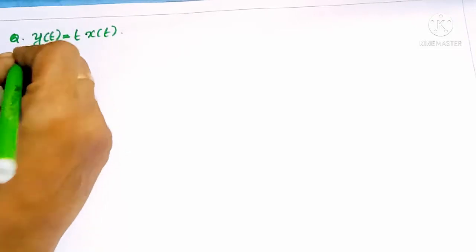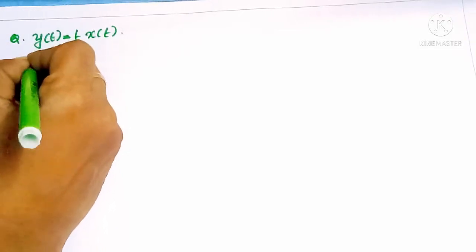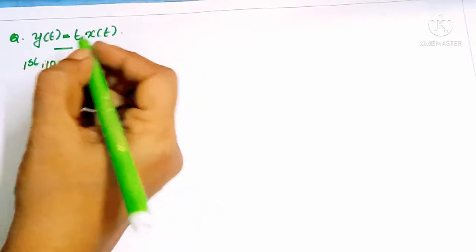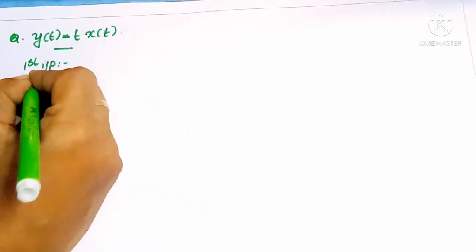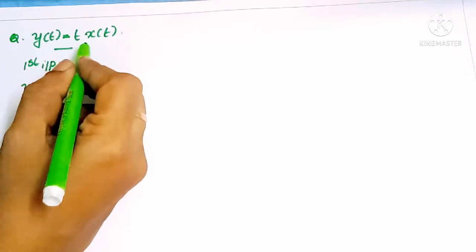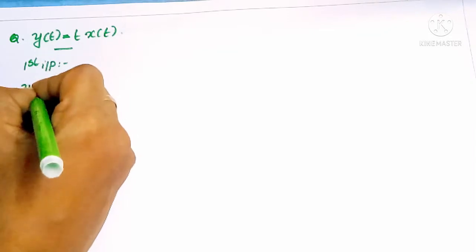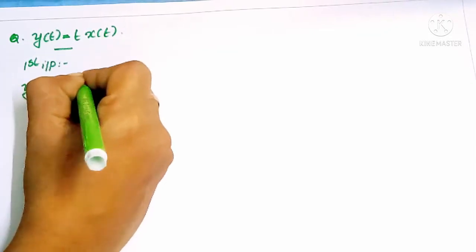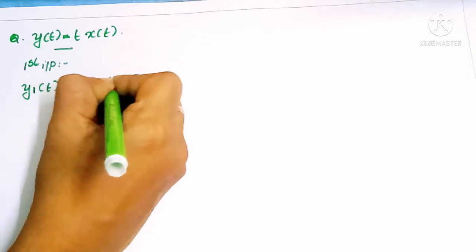That means we take the first input, x1 of t. If we take input signal x1 of t, its corresponding output becomes y1 of t. y1 of t is equal to t into x1 of t.